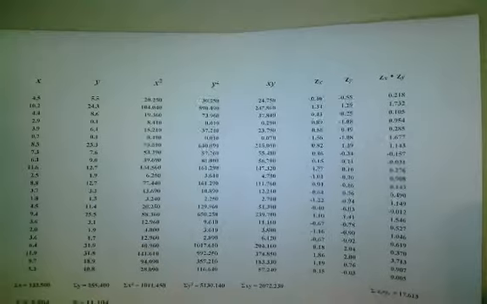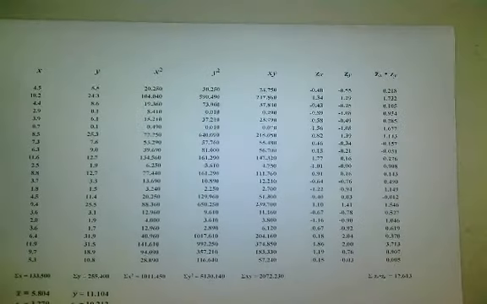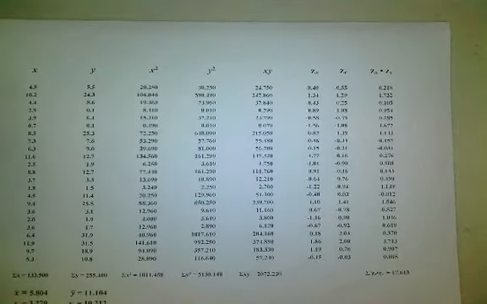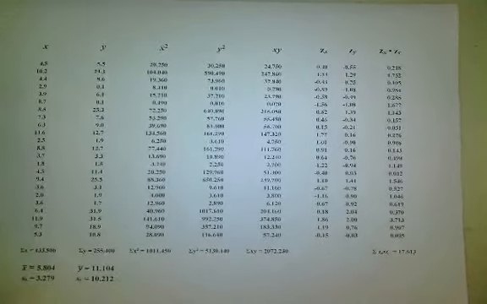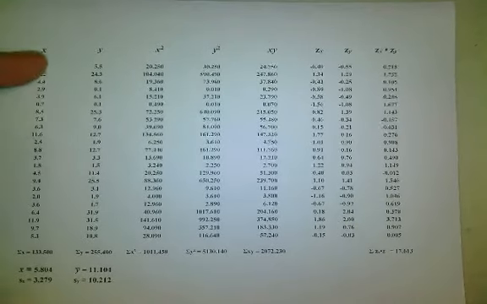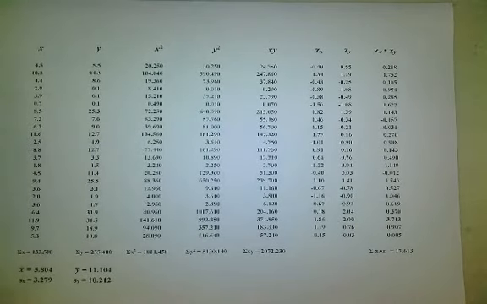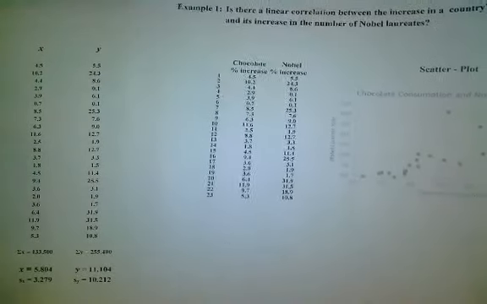Now, I've done all these things using Excel, and so it's a really handy program to go ahead and figure all these things out. So first off, here are the values of X and the values of Y. These are the same values that we were just looking at a moment ago.